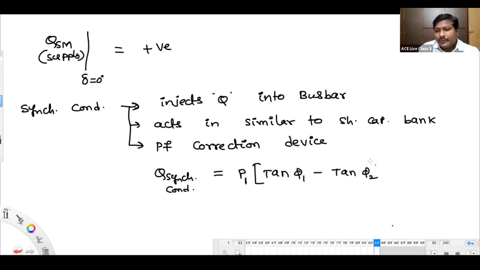So Q synchronous condenser is equal to P1 into tan phi1 minus tan phi2.